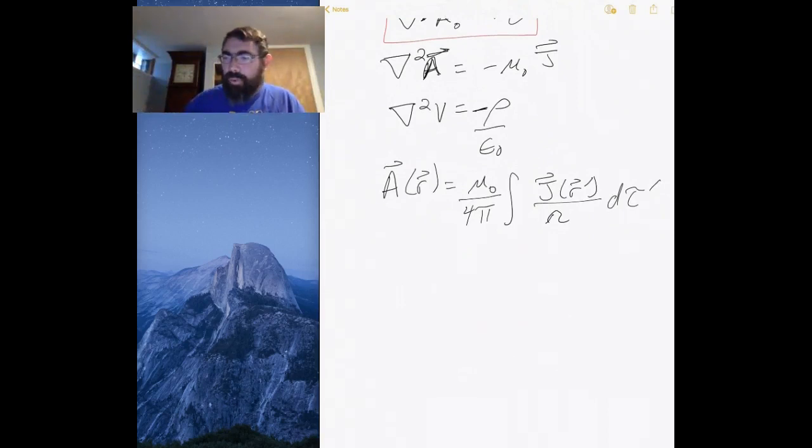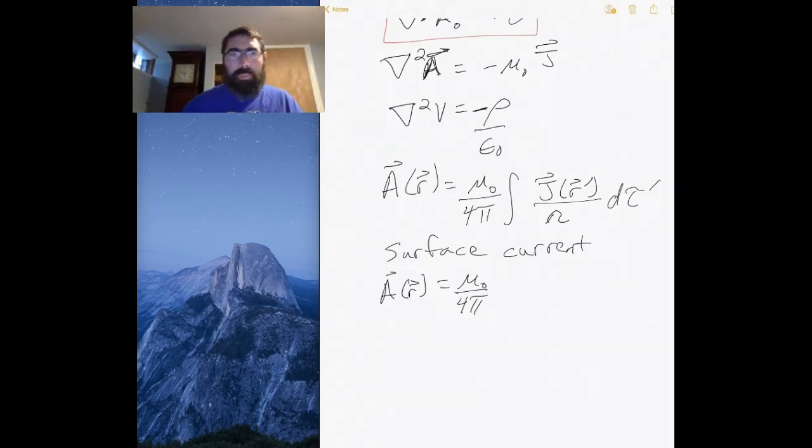If I want to do this for a surface current, then I would have A equal to mu 0 over 4 pi, the integral of the surface current density, integrating over the area.